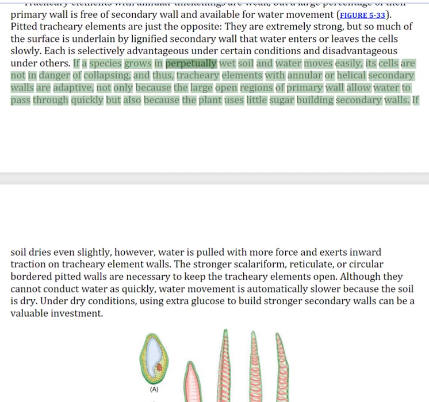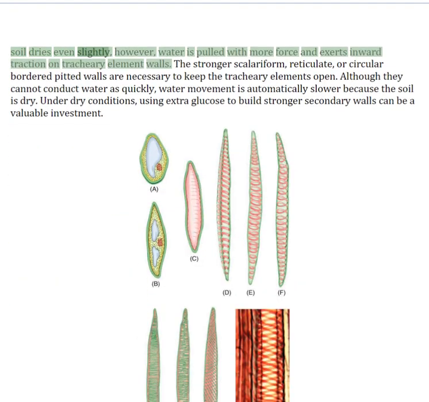If a species grows in perpetually wet soil and water moves easily, its cells are not in danger of collapsing, and thus tracheary elements with annular or helical secondary walls are adaptive, not only because the large open regions of primary wall allow water to pass through quickly but also because the plant uses little sugar-building secondary wall. If soil dries even slightly, however, water is pulled with more force and exerts inward traction on tracheary element walls.